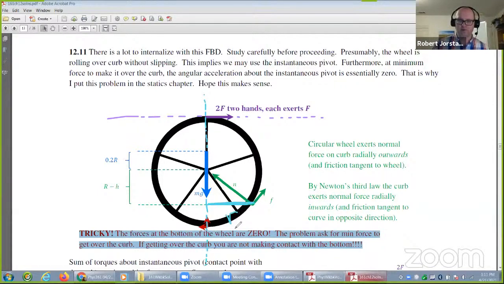That's going to be R perpendicular for mg. And then I need this distance here, which actually I already know. I could just look at it and tell that's going to be 2R minus h. Do you see that?